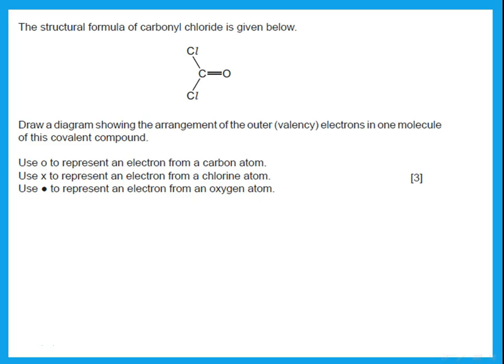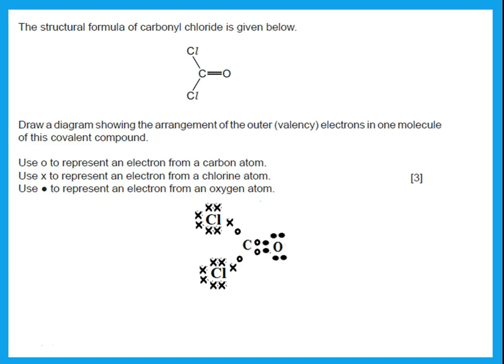This is another structure. How did you draw the dot and cross? It should look something like this. Each chlorine has 1 electron being shared with the carbon and the rest of the 7 surrounding it. And he specifies that the chlorine electrons should be X's.